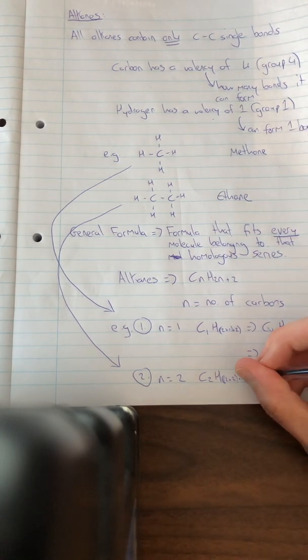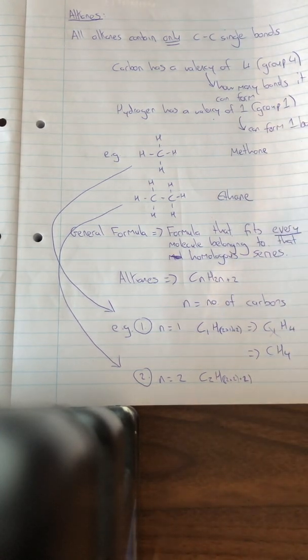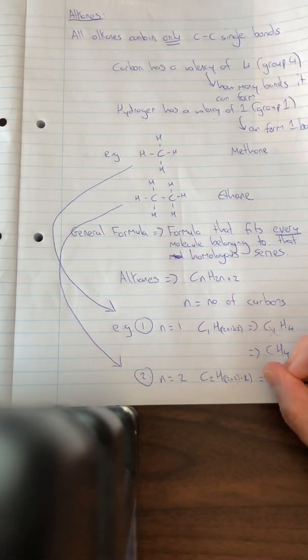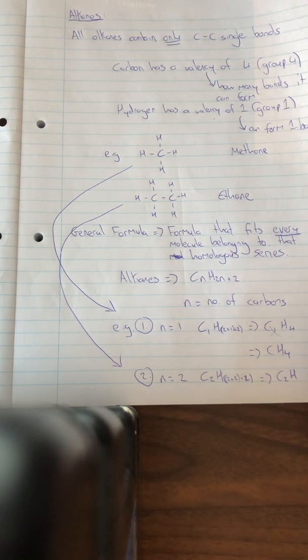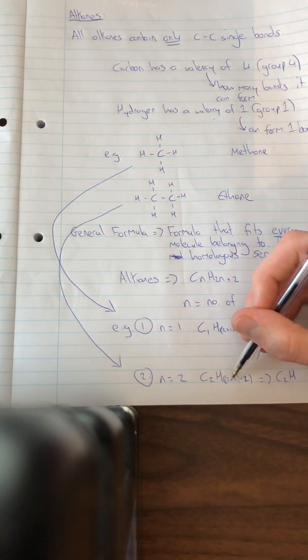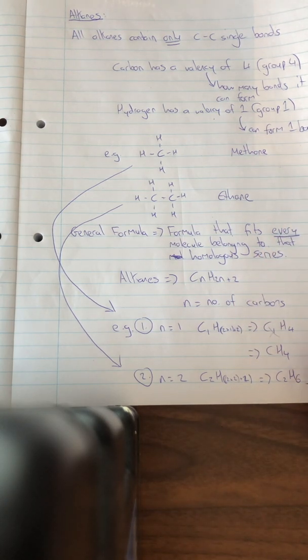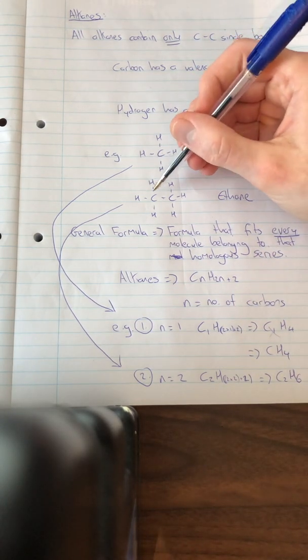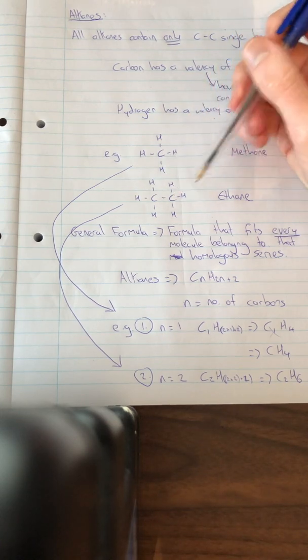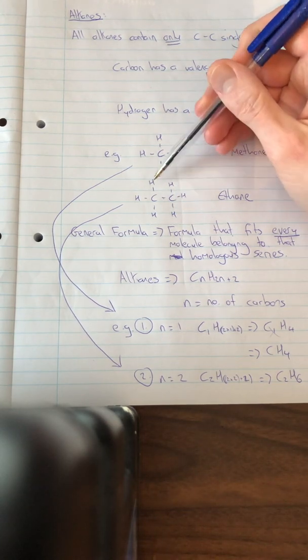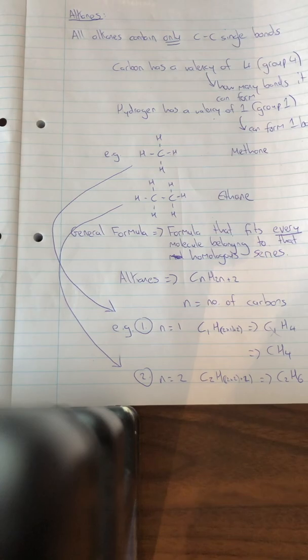Sorry, add 2. Now if we do that, that's C2, and then H, 2 times 2, that's 4, add 2, that's 6. And there it is. Ethane has 2 carbons, and it's got 1, 2, 3, 4, 5, 6 hydrogens. That seems quite straightforward.